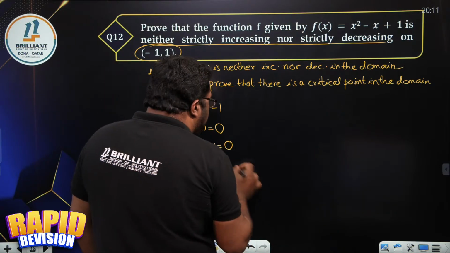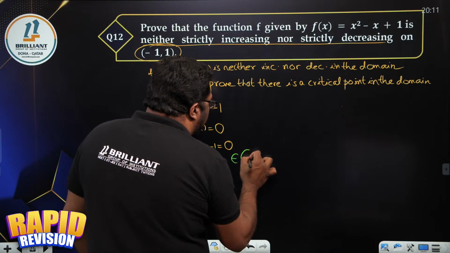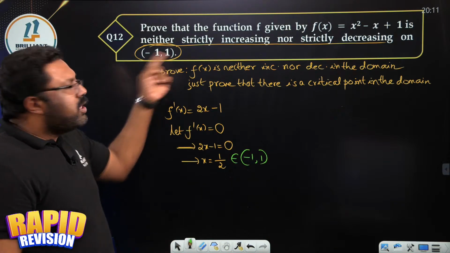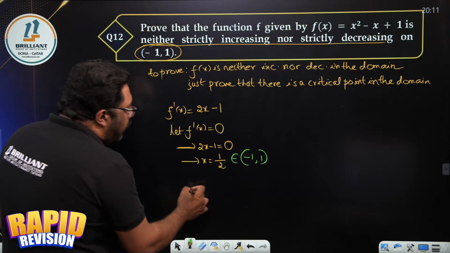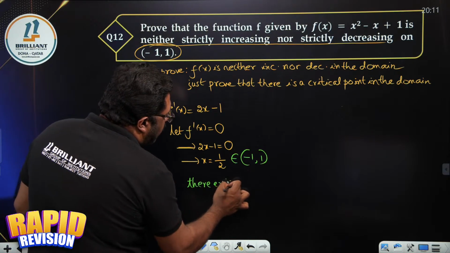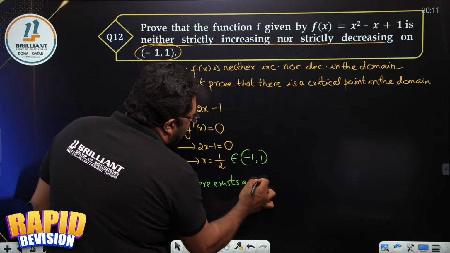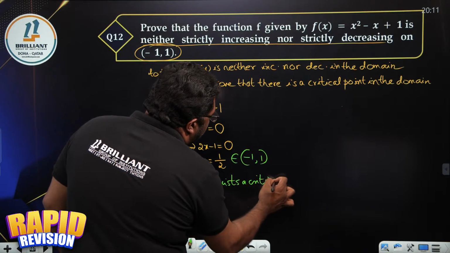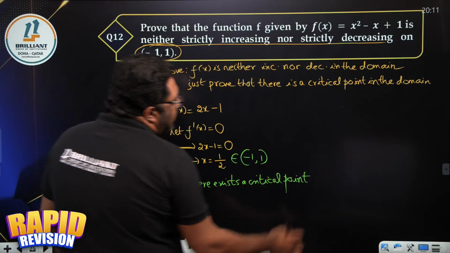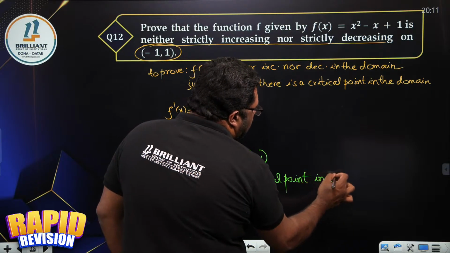And this 1 by 2 belongs to the domain minus 1 to 1. So we have a critical point. So there exists a critical point in the domain. It's a 2-mark question.